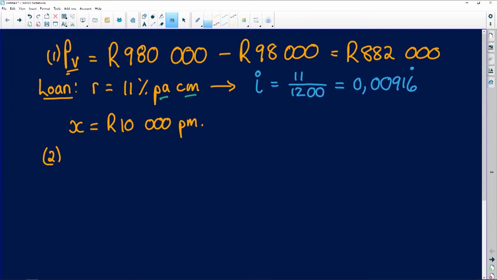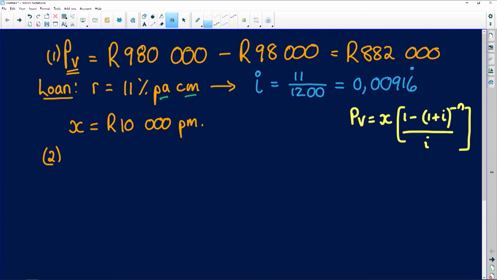We're paying back a loan, so the present value of an annuity formula is what you're going to apply here. Remember, your present value formula is on your formula sheet. It's x, 1 minus 1 plus i to the minus n, over i. That is the formula that we need to apply here.